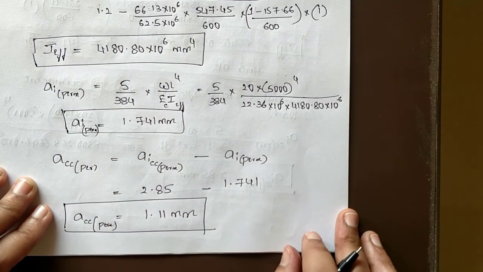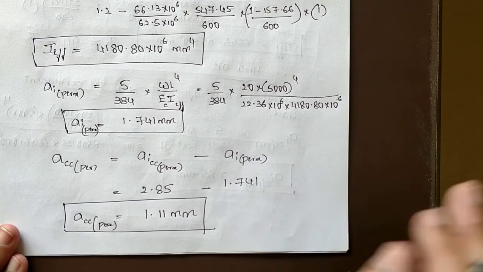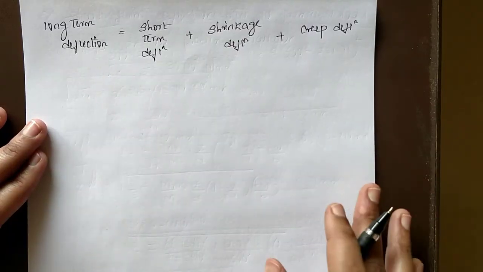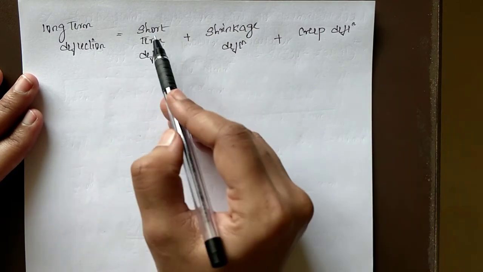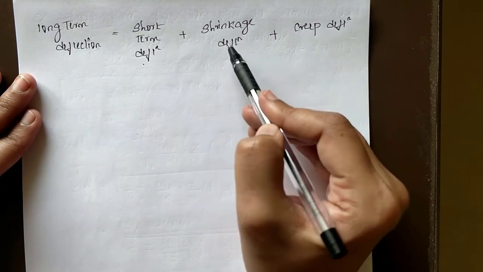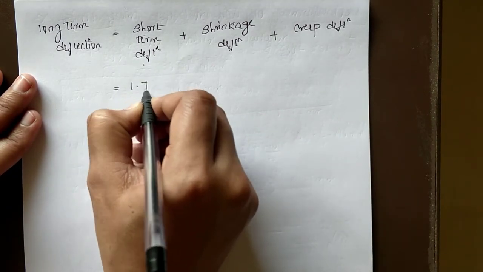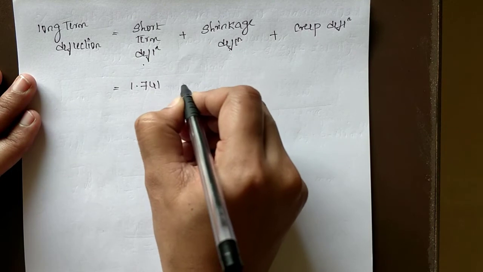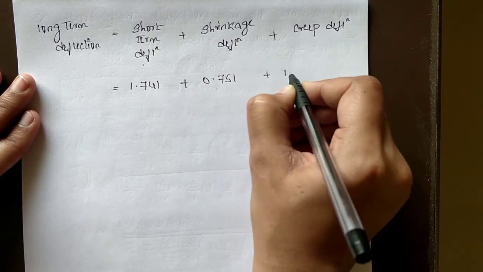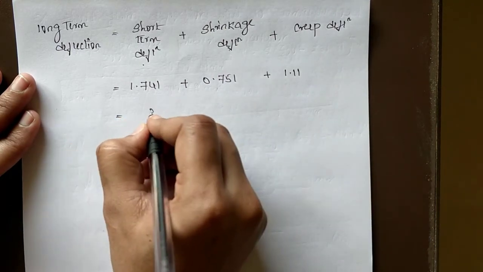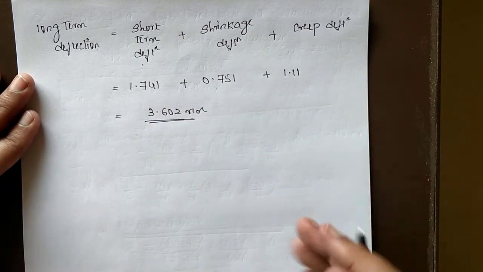Next is long-term deflection. Long-term deflection is the summation of short-term deflection plus shrinkage deflection plus creep deflection. Short-term deflection you got as 7.4741, shrinkage deflection 0.751, and the creep coefficient 1.1. Then you will get 3.602 mm as your long-term deflection.